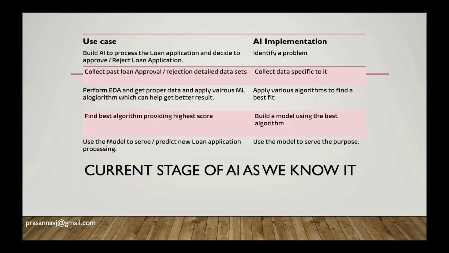Once you collect the data, you apply various algorithms to the data you received from the bank and come out with a model. Once you receive the model for that bank, you deploy it, and the bank starts utilizing that model for its loan approval or rejection process.